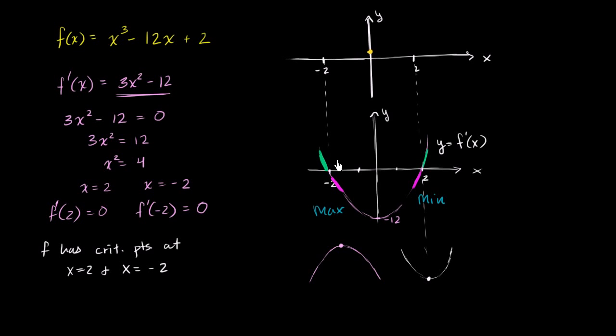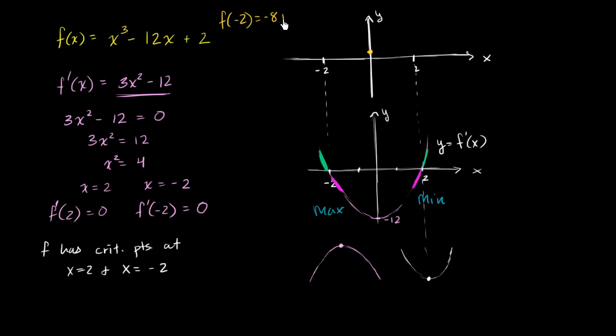And so we said already that we have a maximum point at x is equal to negative 2. So what is f of negative 2? Let me be careful. It's negative 8. And then we're going to have 12 times negative 2, which is negative 24, but then we're subtracting negative 24.